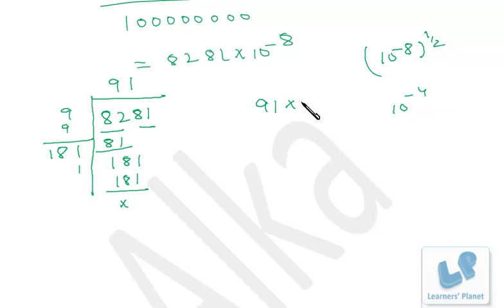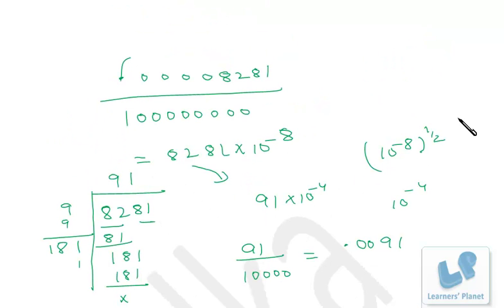So it's 91 into 10 raised to power minus 4, right? So it's 91 by this. So what you can write? 9100 and point. Four zeros are there, so after decimal 4 digits must be there. So 1 2 3 4, that means 0.0091. So that is the square root of this given number, that is 0.0000 8281, right?